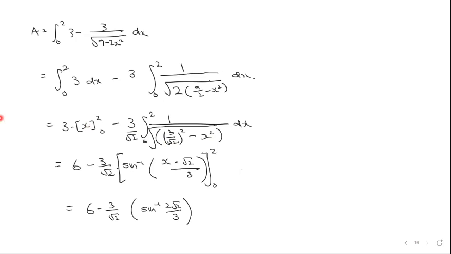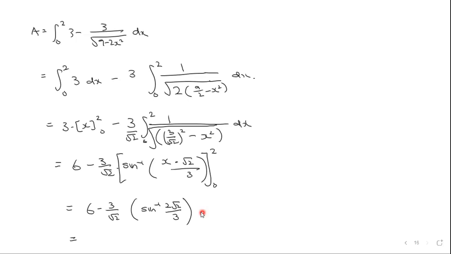Now, they didn't say if they want it in exact form or anything like that, so I guess that's the exact form. If you wanted it to a certain number of decimal places, make sure your calculator is in radian mode and then just quickly type that in.